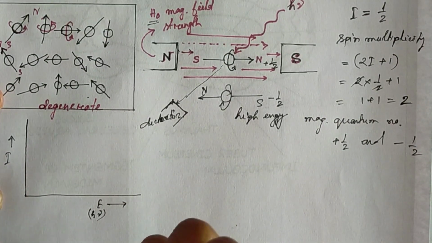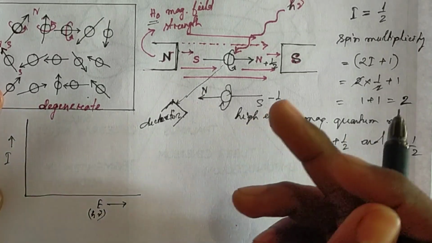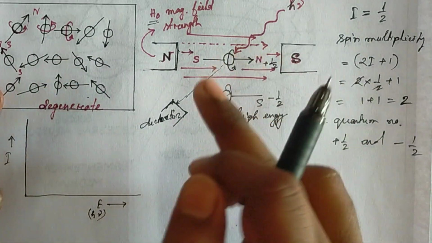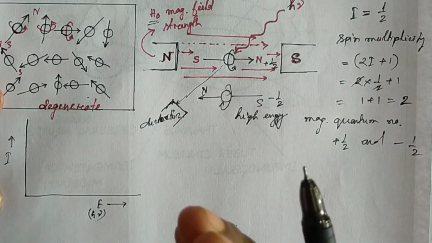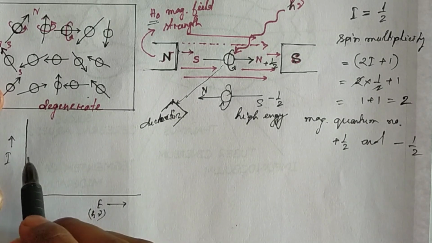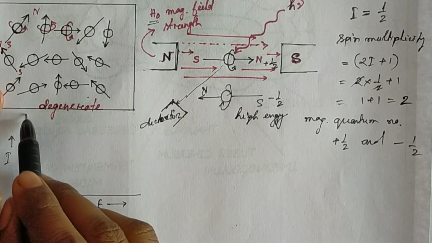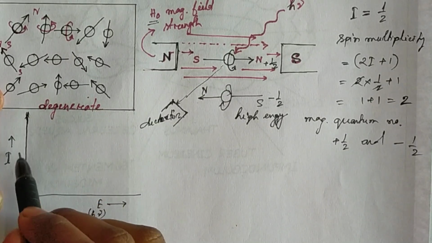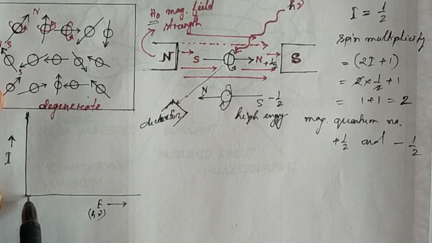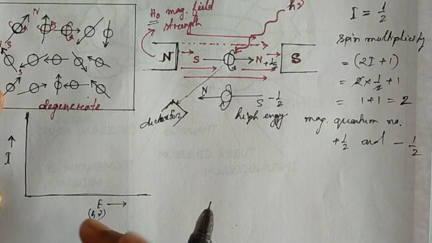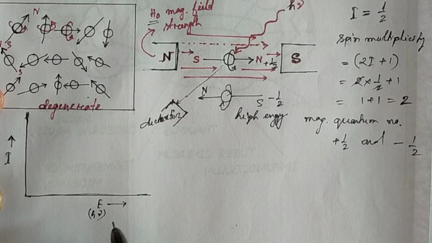So after giving this radio wave, when it flips, we obtain an absorption spectrum. Suppose this direction represents intensity, and this axis represents the energy or frequency.